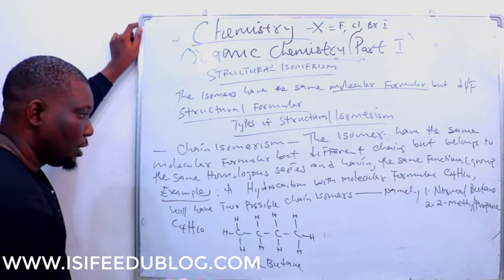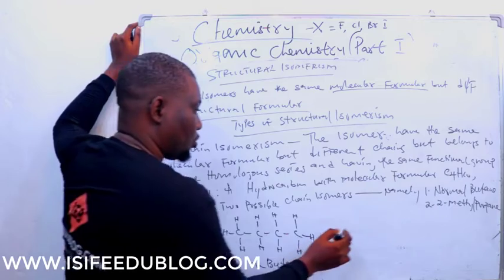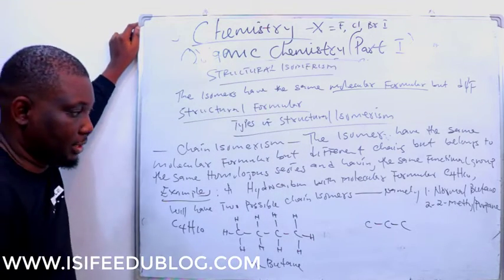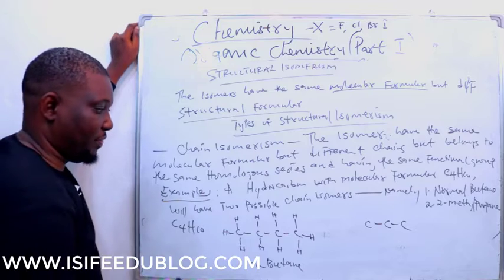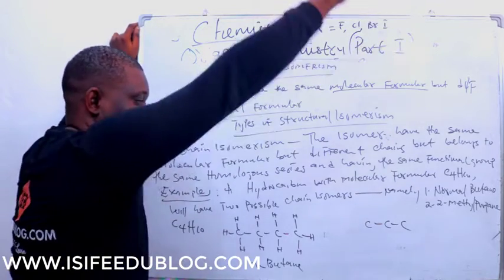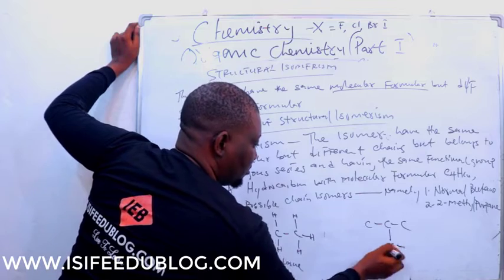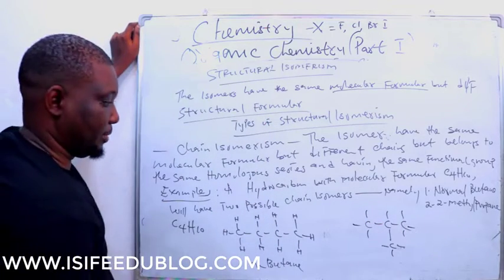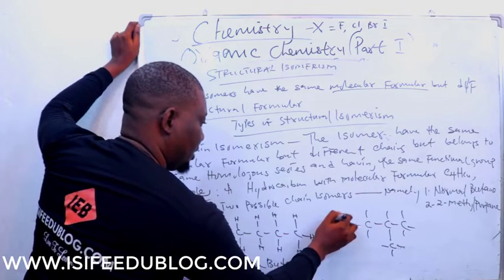Okay. The chain will differ in this organic compound, whereby instead of having these carbons all in a straight chain, I have some bend somewhere around here. See the point now. How many carbon atoms are there? C4.